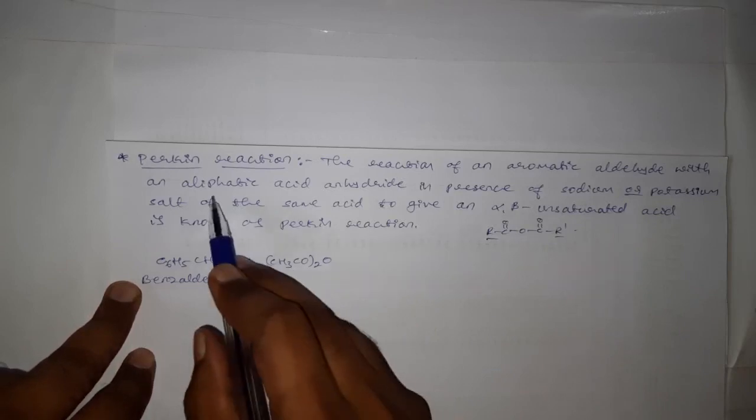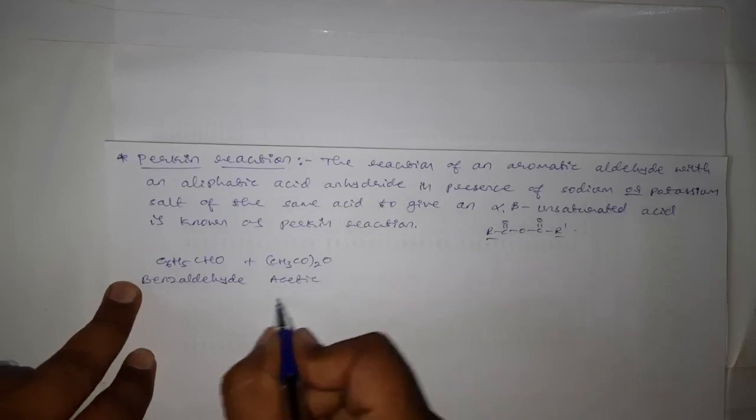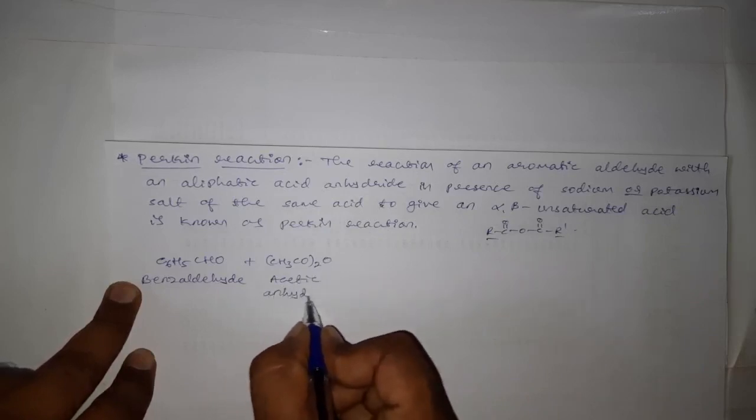This is an example of an aliphatic acid anhydride, and it is acetic anhydride.